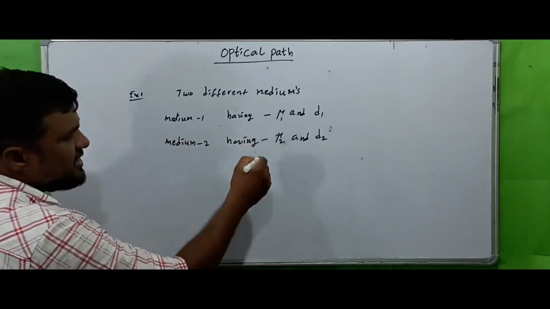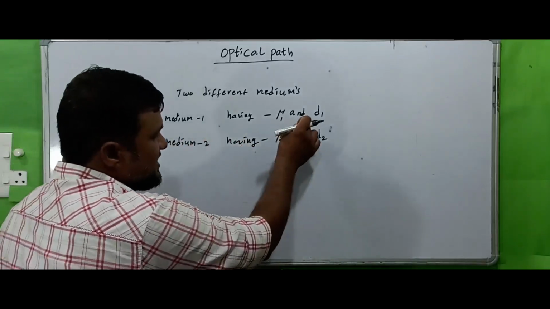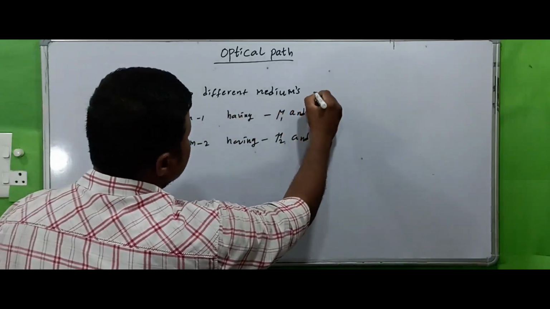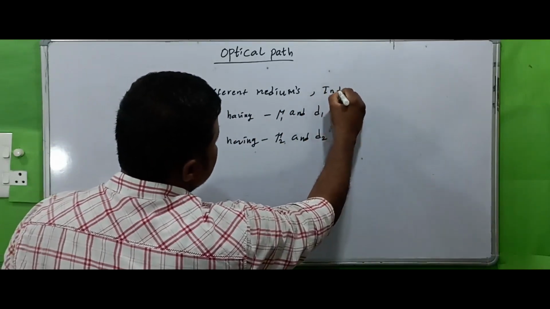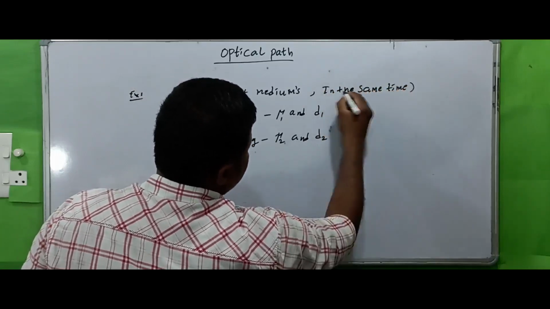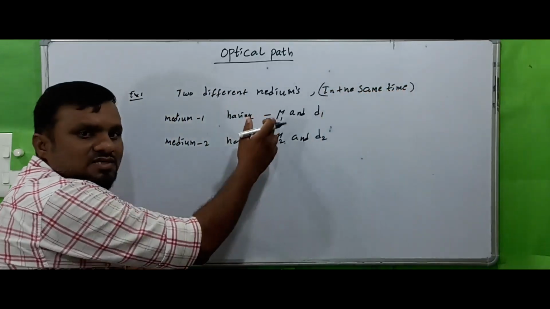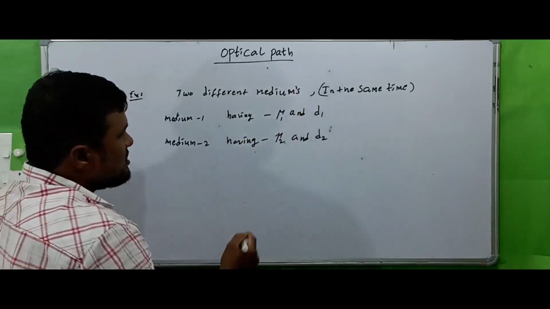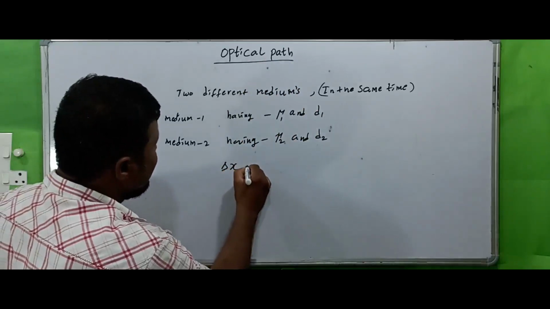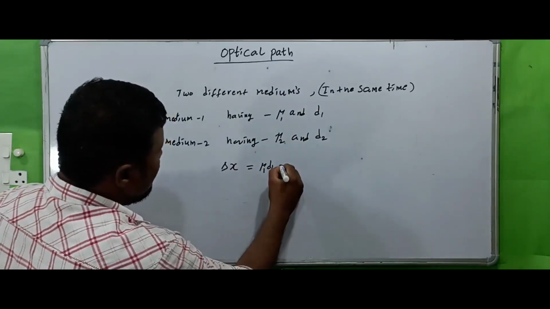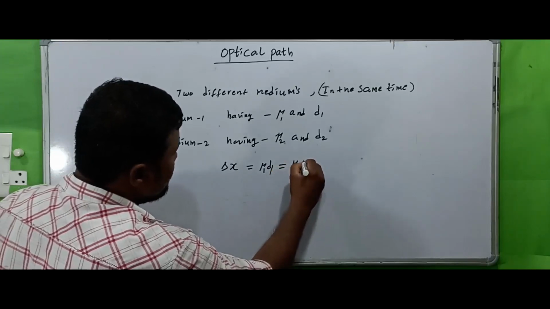In medium 1 and medium 2, the light travels these distances in the same time. This resembles optical path. According to the optical path concept, we can write delta x is equal to mu1 d1, that is also equal to mu2 d2.